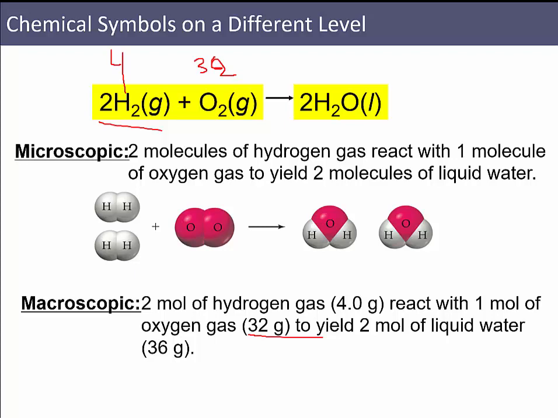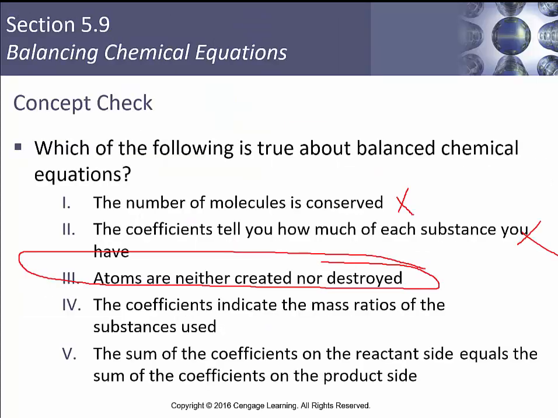So my mass ratios are not directly correlated to the coefficients, right? You got to account for the atomic masses. The sum of the coefficients on the reactant side equals the sum of the coefficients on the product side. That's just the same thing as number 1, but in fancier words.